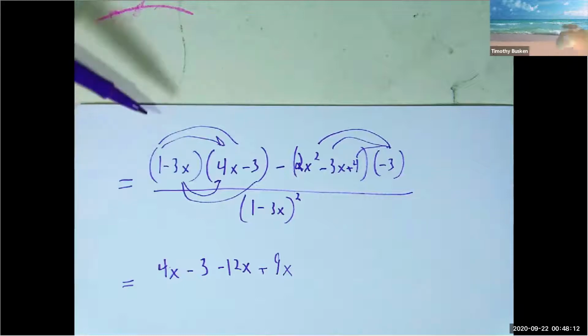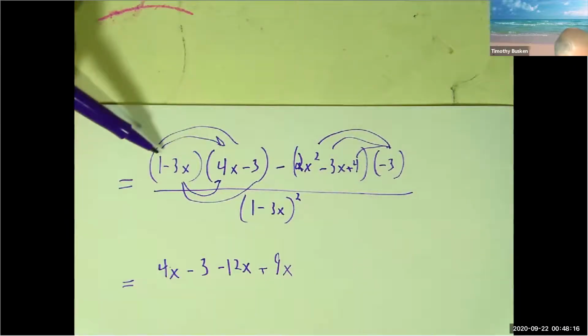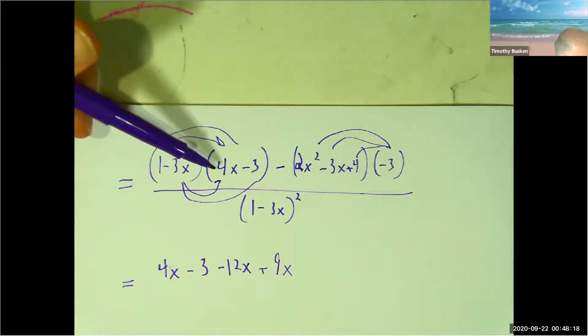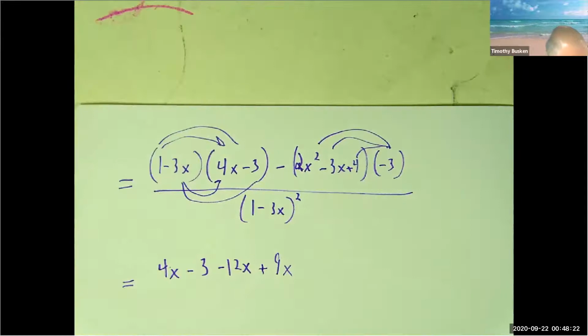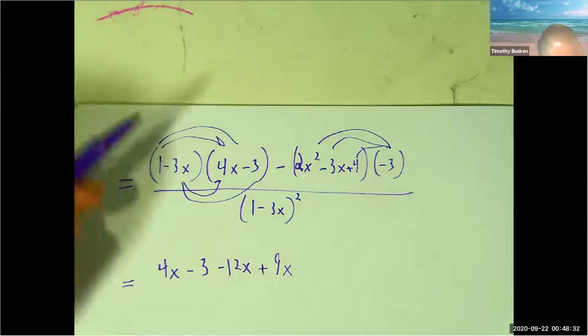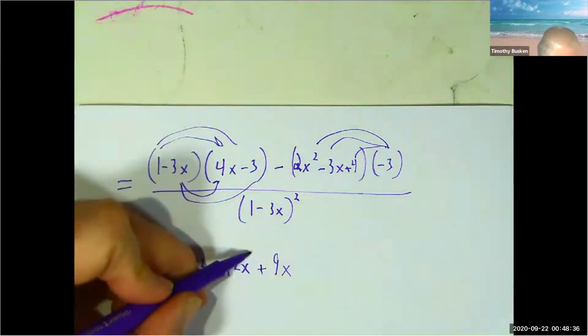Okay, let's see, what did I do here? Looks good, plus a 9x. That looks like the mistake I made here is 3x times 4x is actually 12x squared.